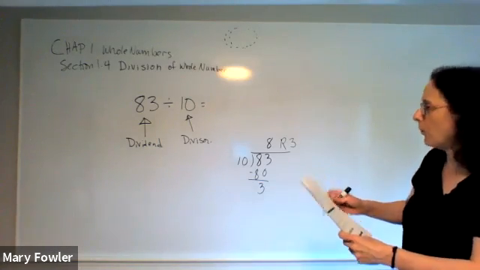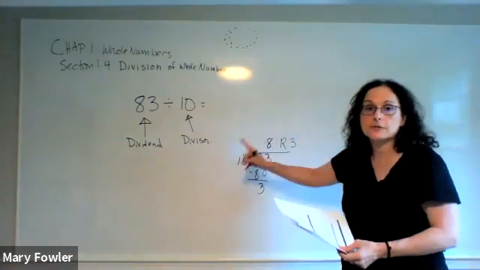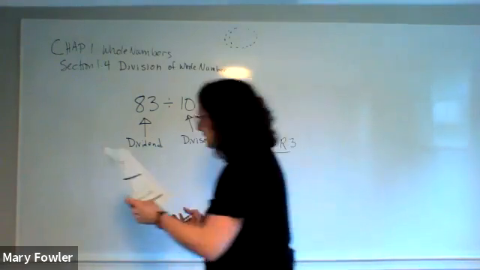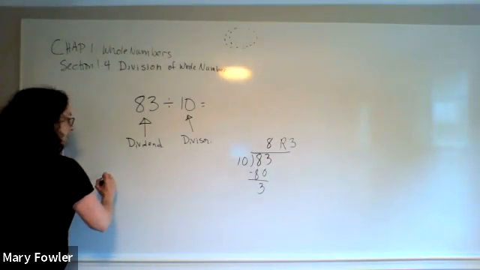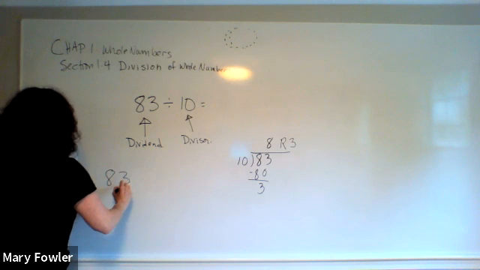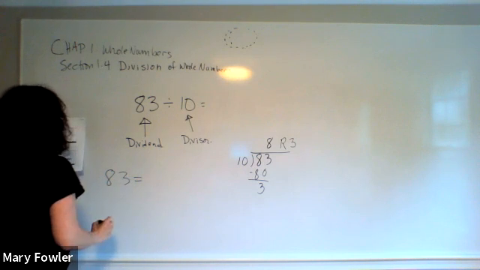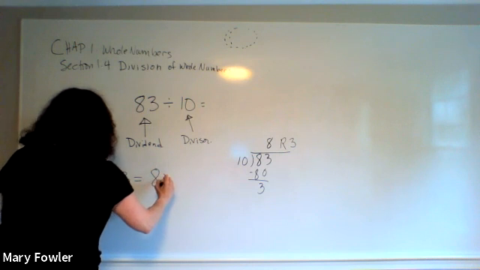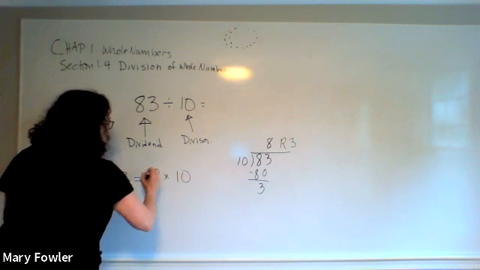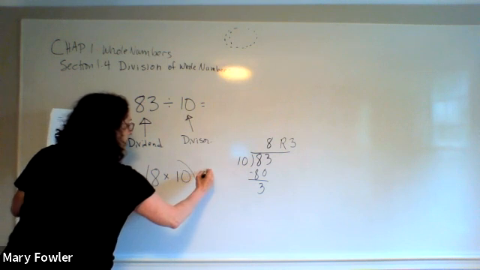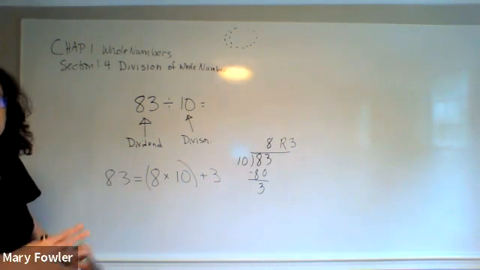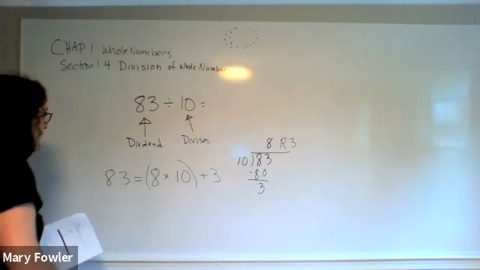And so one way of thinking about all of these relationships and how they come together is that we can say that 83 is equal to 8 times 10 plus 3. And I just want to label all the parts of the statement that I just made.